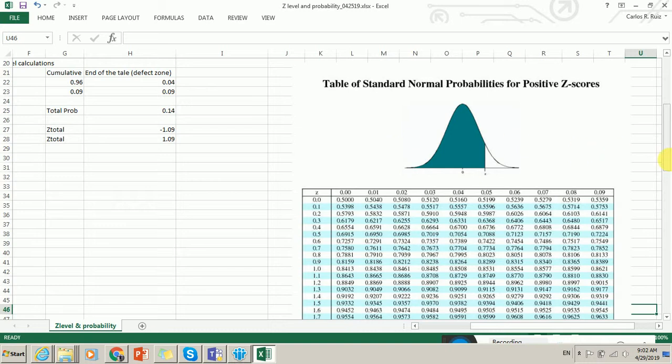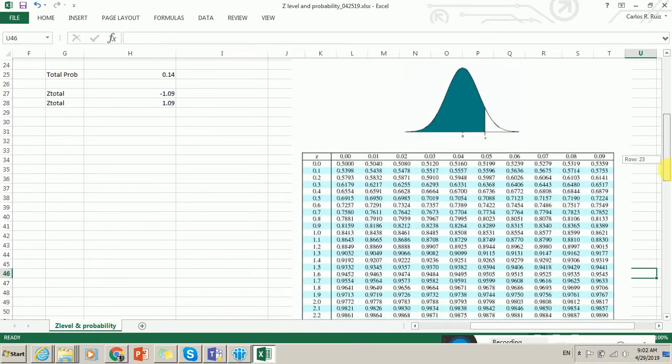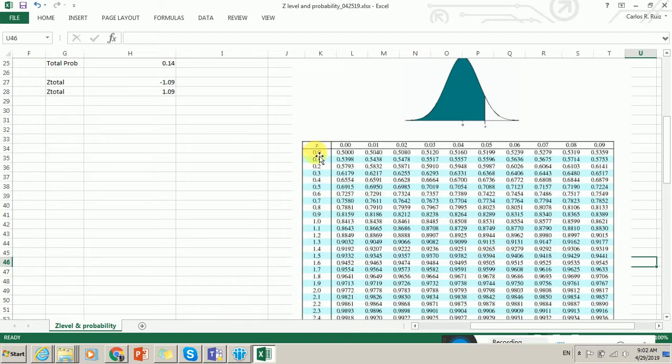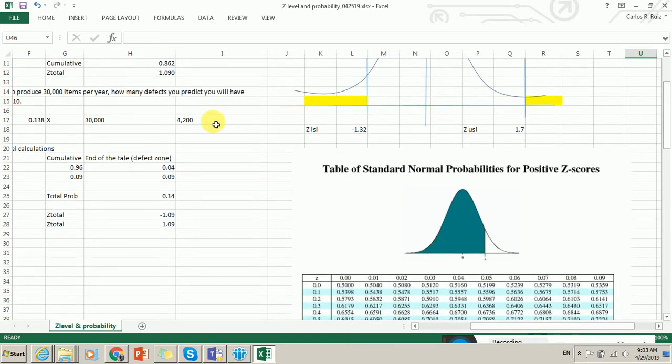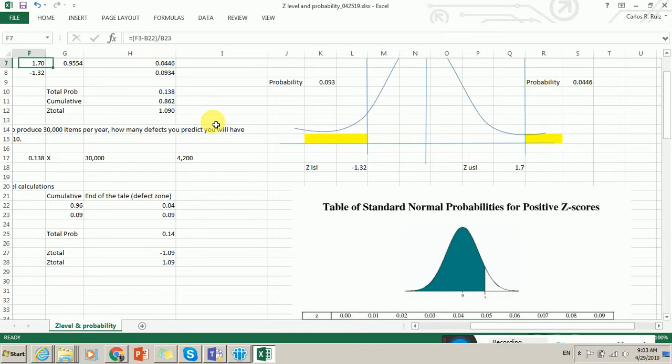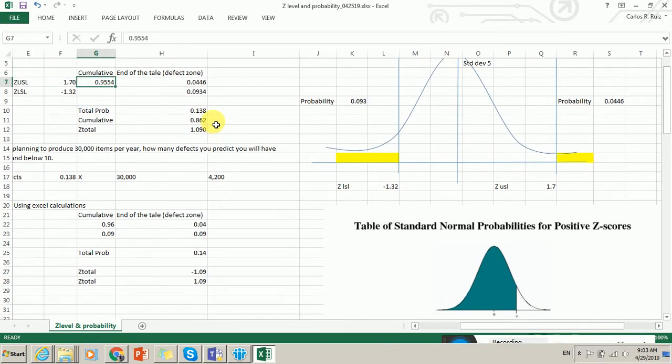Again, the Z level is 1.7. So this is the Z, and it says 1.7, and then it's 1.70. The probability linked to that is 0.9554. If I write that down, 0.9554, that is the cumulative area of that particular Z level.